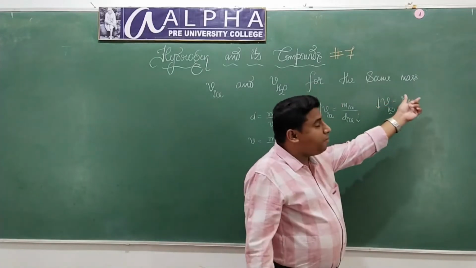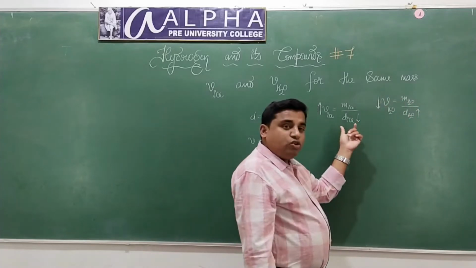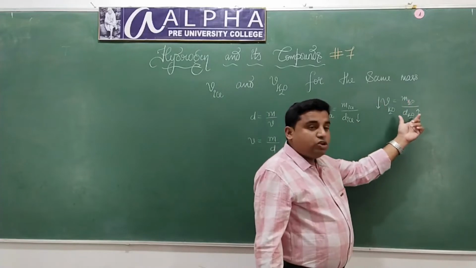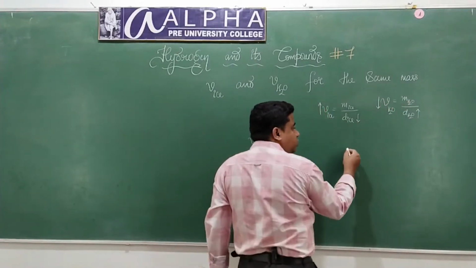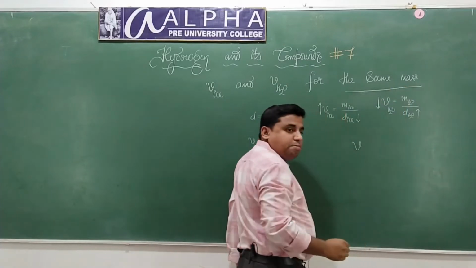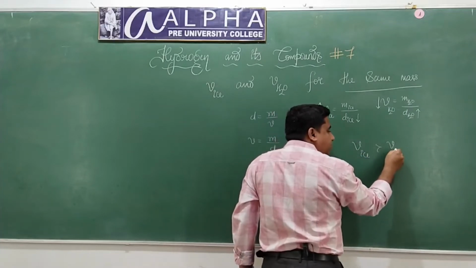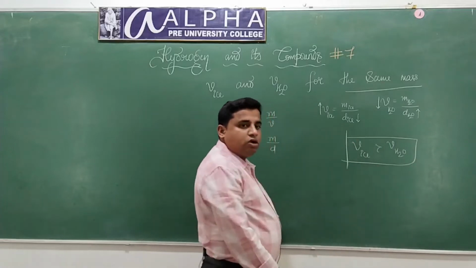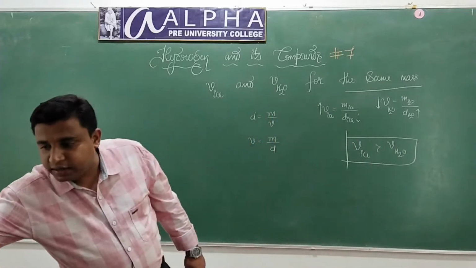For the same mass, density of ice is less, hence it has more volume. For the same mass, density of water is more, therefore it has less volume. Please remember this point: always, for the same mass, the volume of ice will be more than the volume of water.